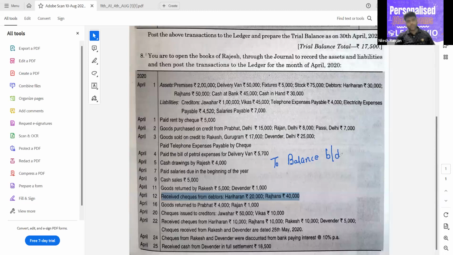They are liabilities for us because at the end of every month or every year, there are some expenses which are still not paid, like telephone expenses 4,000 is payable, meaning the expense has been incurred but we haven't paid it yet. Oh, yes. Same with electricity expenses, the expense has been incurred but we haven't paid.